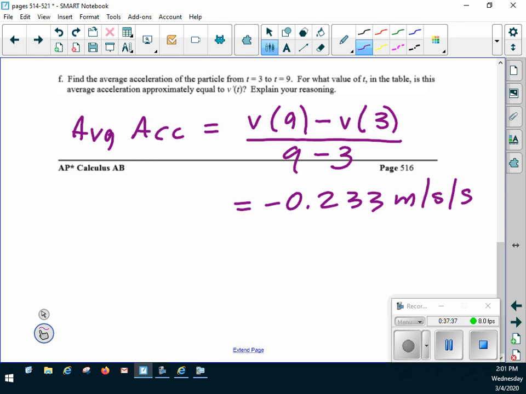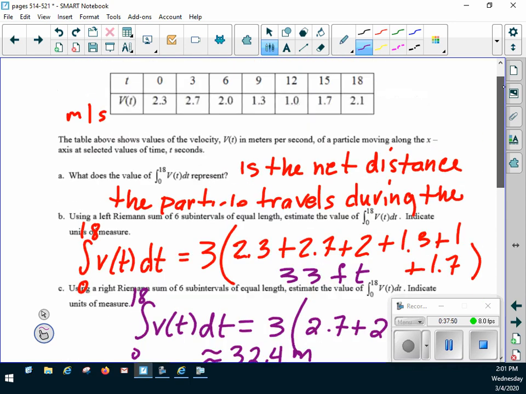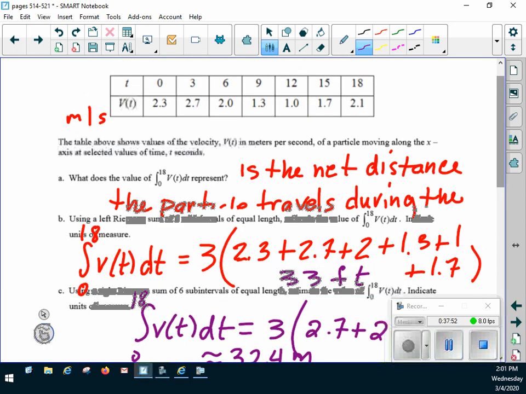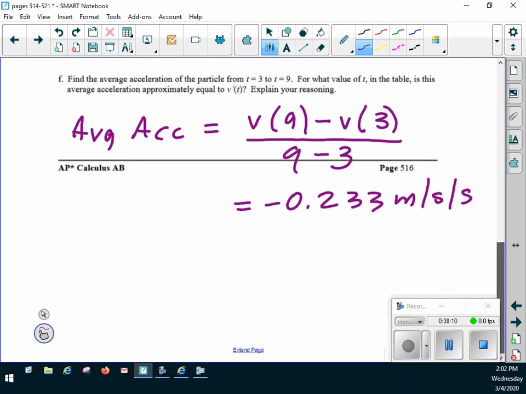Since we did the average acceleration and we used 9 and 3, you got an idea of what v prime that would approximate? 6. Why 6? That's like the second line. That's right, because 3 and 9 would give you the secant line around t equals 6. So that's why this would be a decent approximation of v prime of 6. Okay?